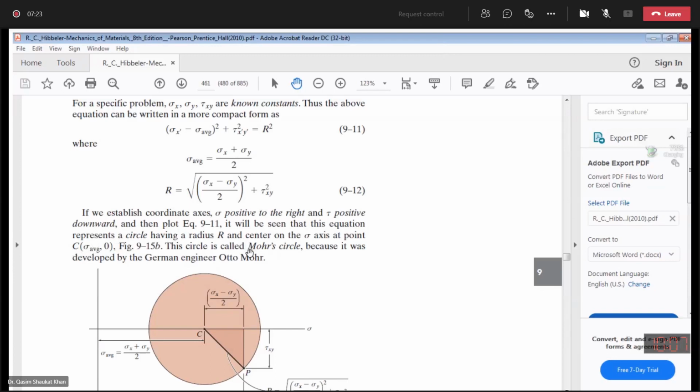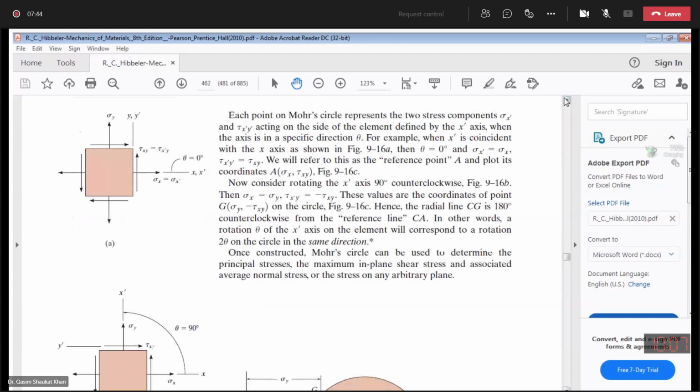This circle is called Mohr's circle. Why is it called Mohr circle? It is because this method was developed by a German engineer, Otto Mohr. So after his name, it's Mohr circle.